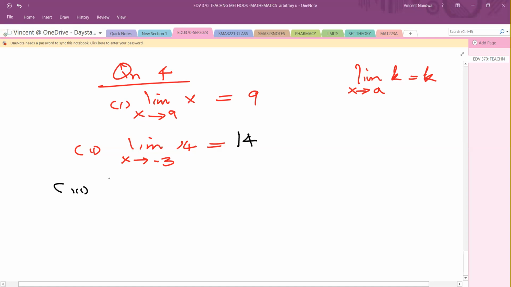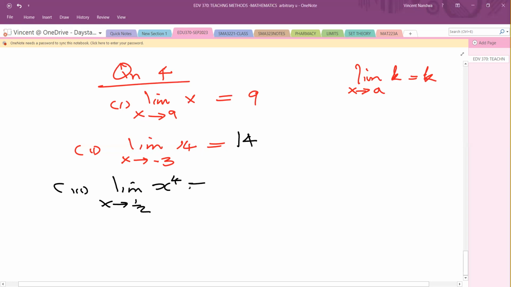And then 3, the limit as x approaches a half of x power 4. Do you use the rule of power?